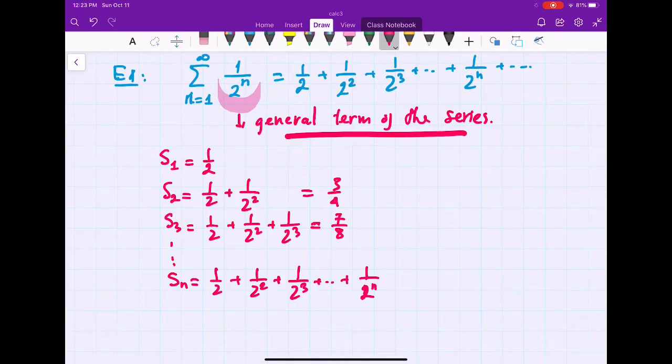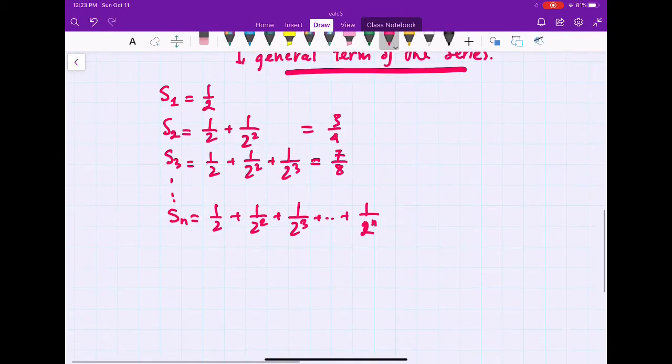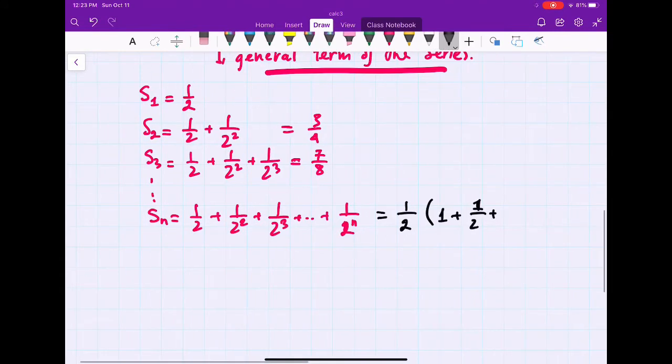So we know Sn, right? Let's try to find this sum. All right, so if I factor 1 over 2 out, I will have the following one: 1 plus 1 over 2 plus 1 over 2 squared, right?